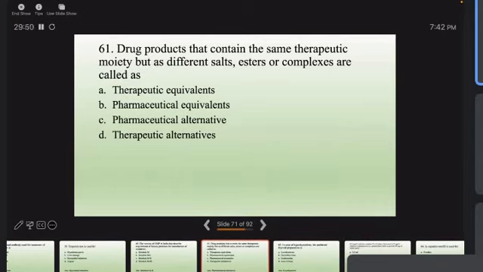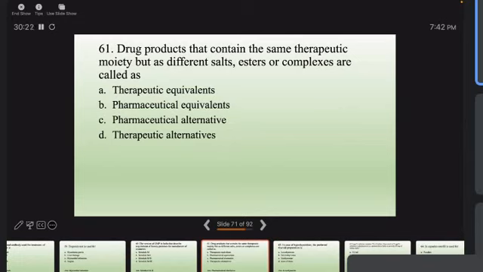So just think about it. Therapeutic alternatives. Okay, anybody else? Another person says therapeutic equivalent. Okay, I'll tell you how to answer such questions.